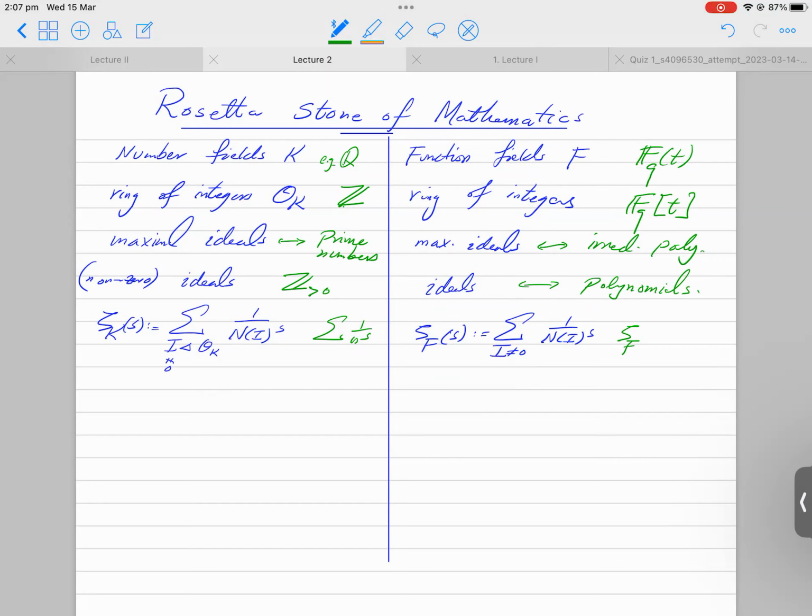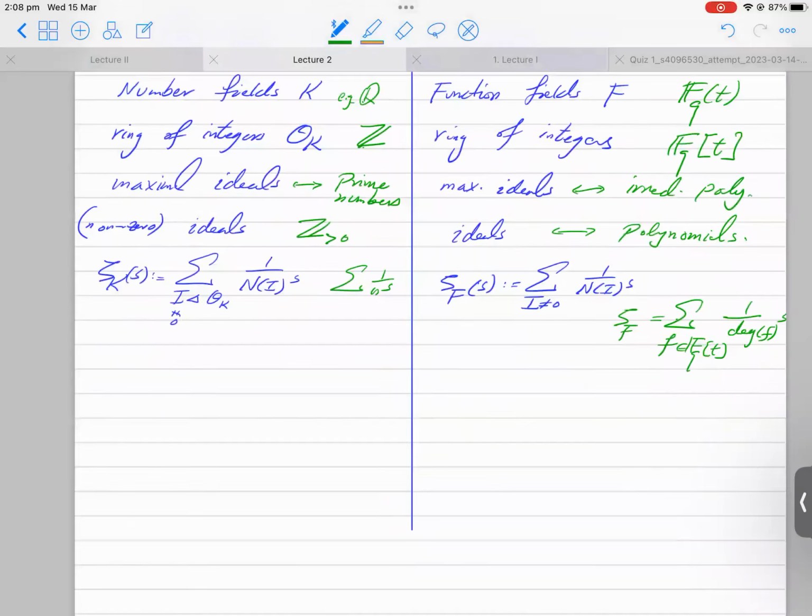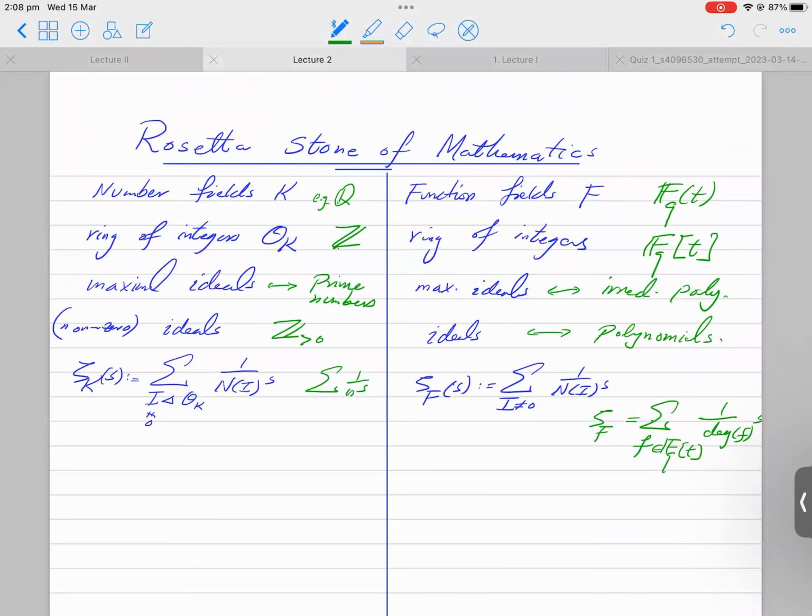By definition, this is the sum over f in F_q[t] of 1 over the degree of f to the s. I will tell you what the expression we got for it was. Any questions so far?